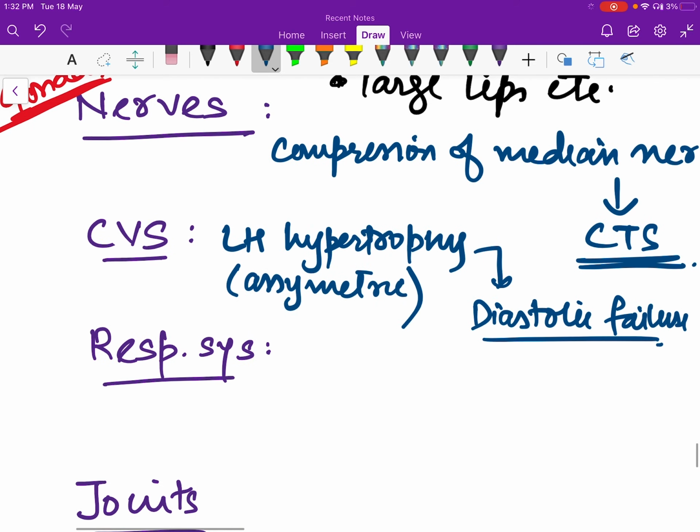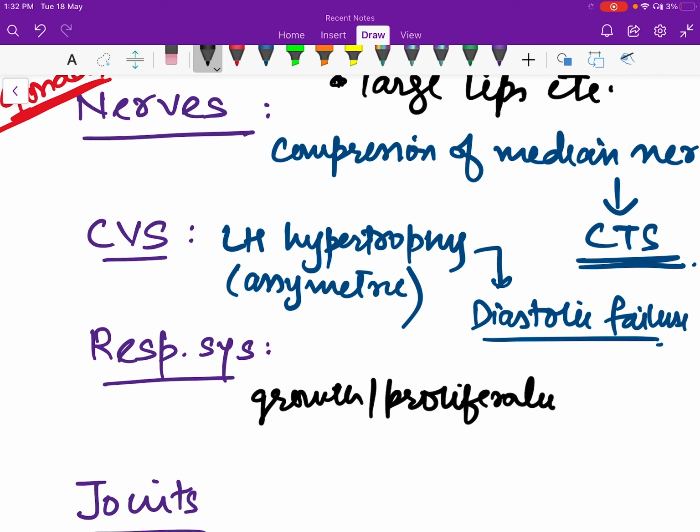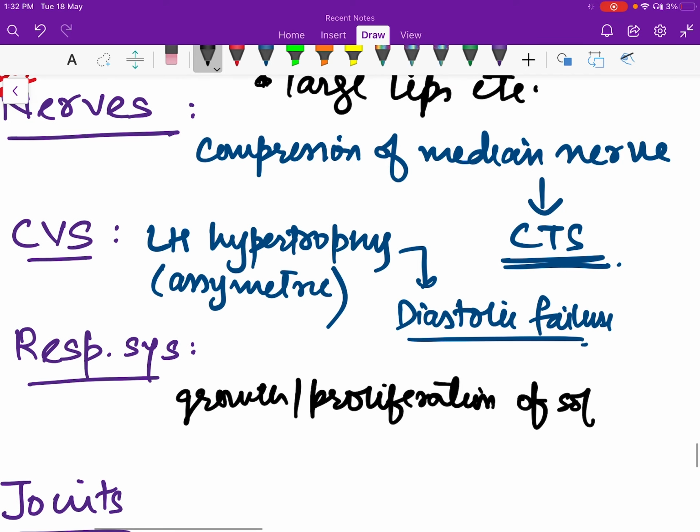In the respiratory system, it can cause proliferation of soft tissues and glands in airways.